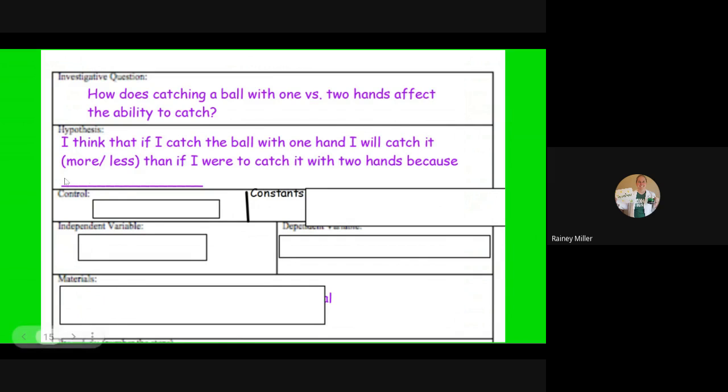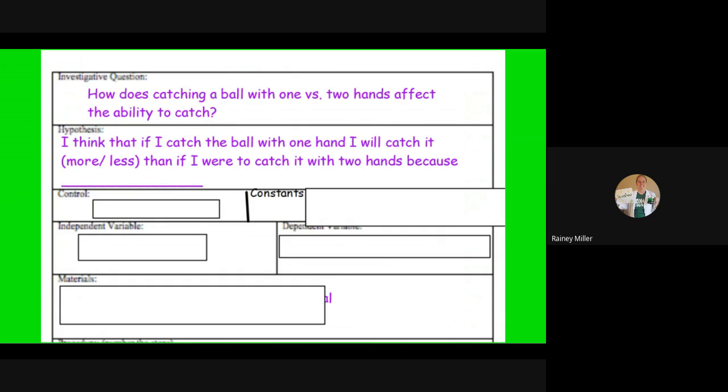So in the hypothesis, you're going to notice that I think that if I catch the ball with one hand, I will catch it. And you need to decide if you would catch it more times or less times with one hand than if I were to catch it with two hands, because blank. A hypothesis is always what you're guessing is going to be happening in the experiment.